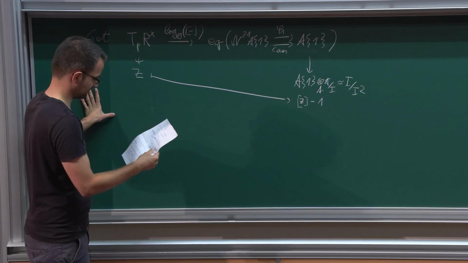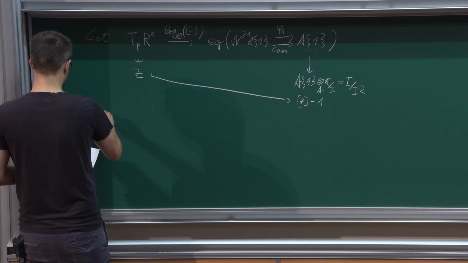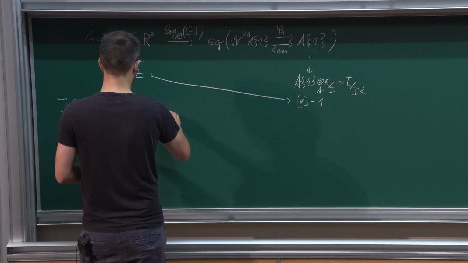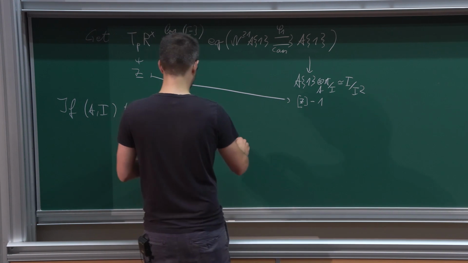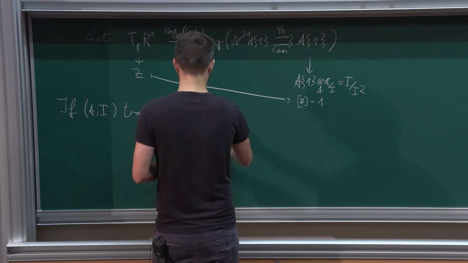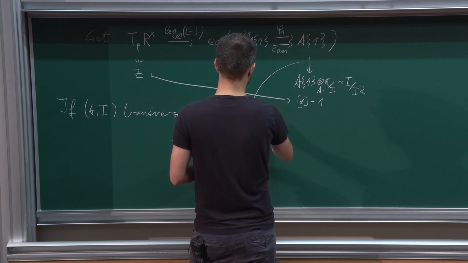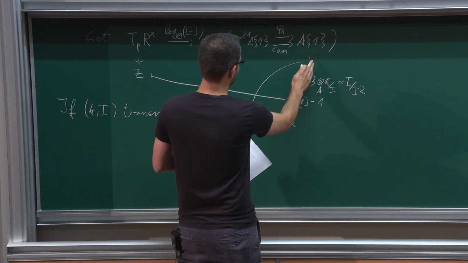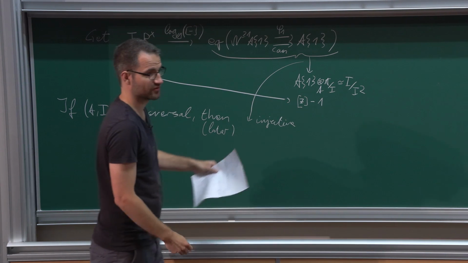And so, if one furthermore assumes that A mod I is transversal, then I want to show later that this map is actually injective. So meaning this map on the equalizer here is actually injective.